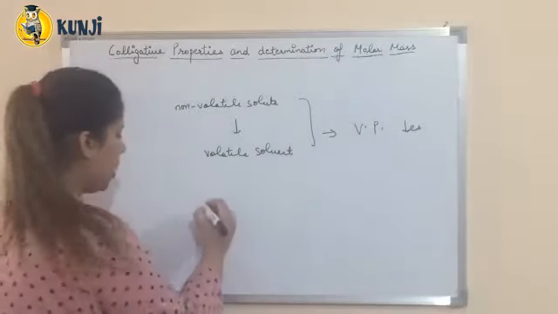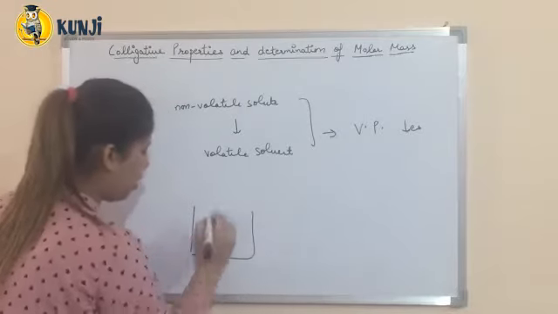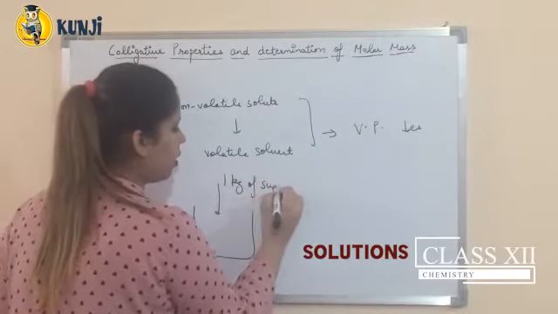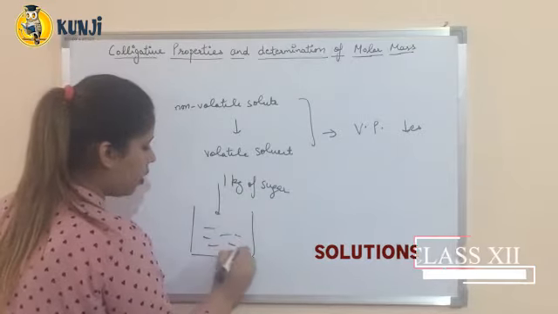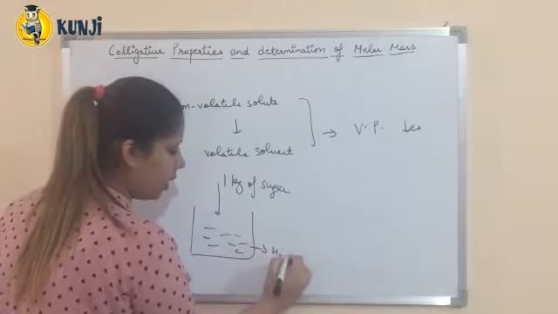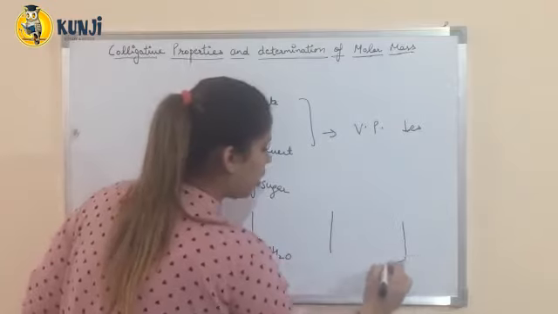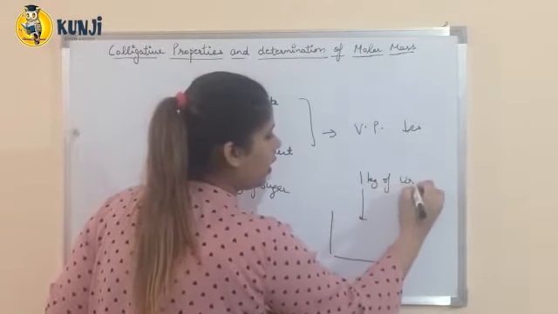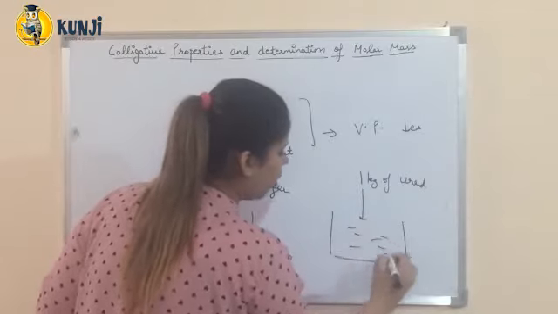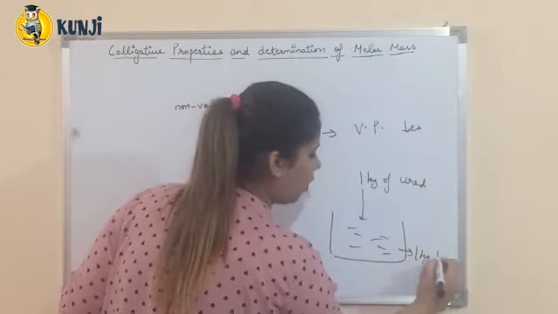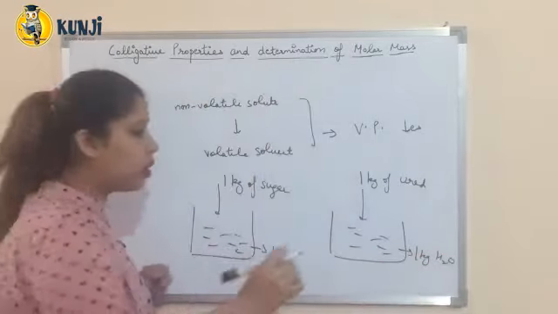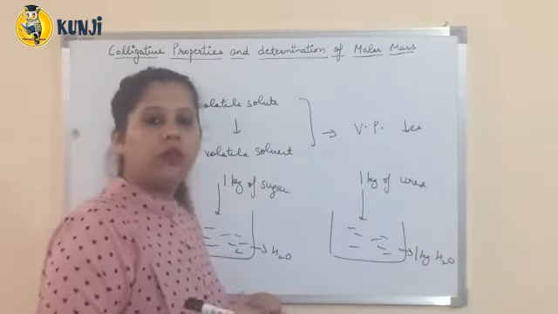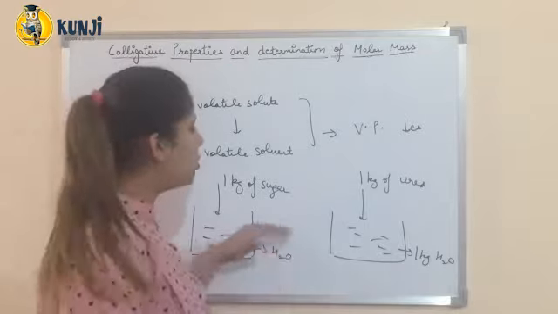For example, if we take 1 kg of sugar and add it to 1 kg of water, and in another beaker we have taken 1 kg of urea and add it to the same 1 kg of water, then it was observed that the lowering of vapor pressure was the same in both cases.